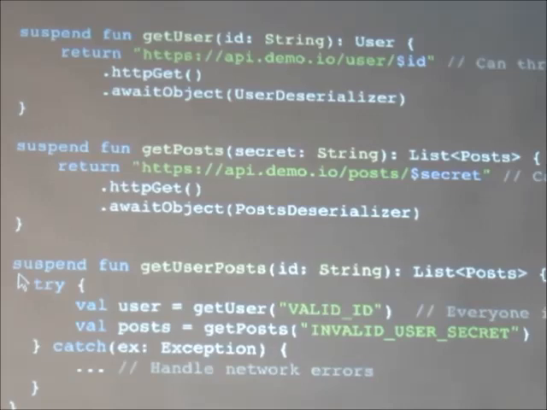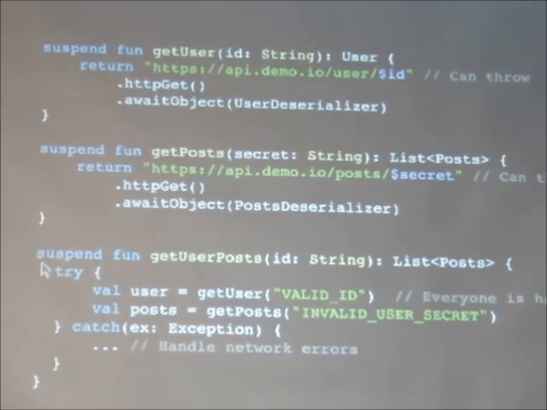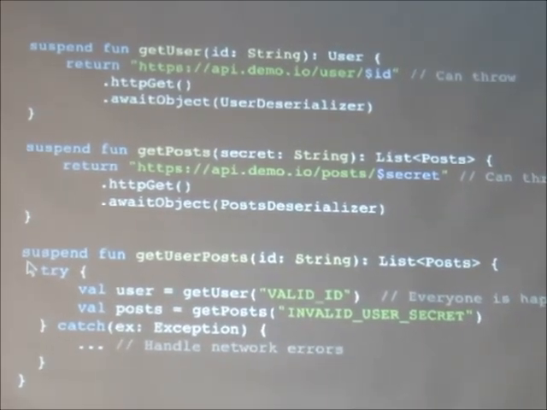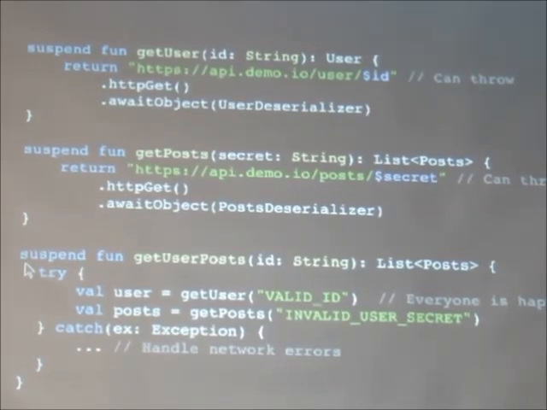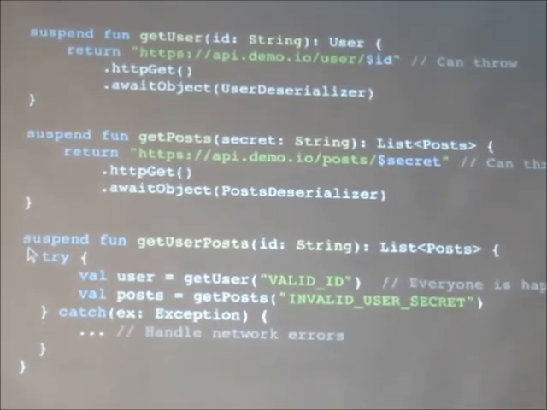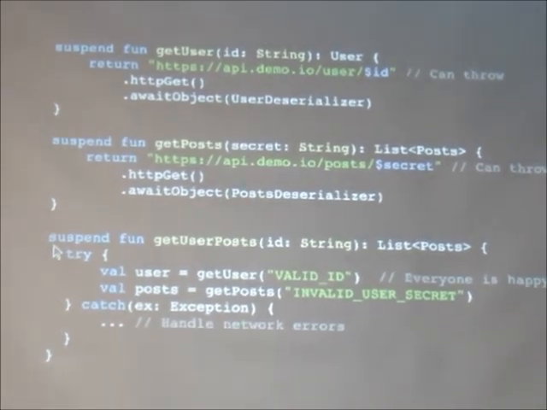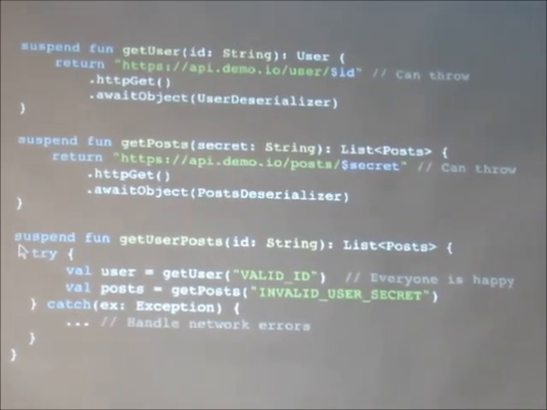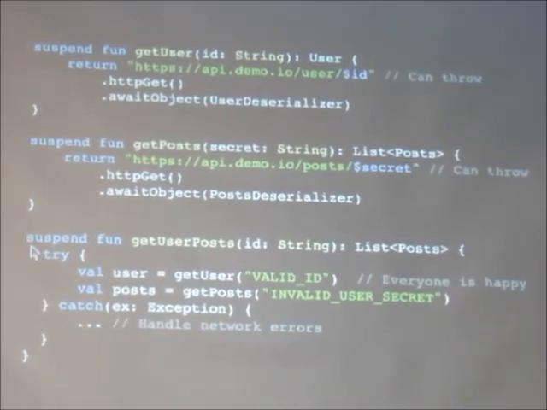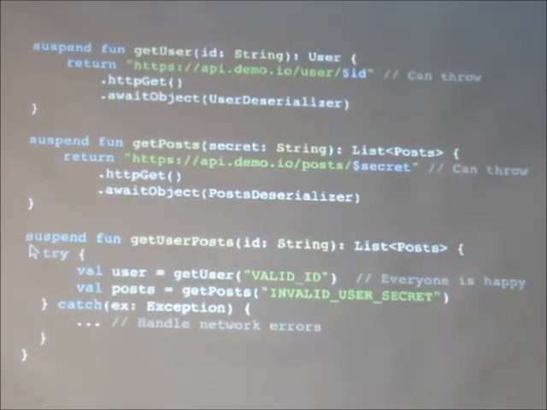It says, give me an ID, and I'm going to get the post for that user. So this is the super traditional way of doing it with exception handling. So you have the functions, they throw exceptions, and in the get user post function, we have error handling to catch when that throws and does whatever.